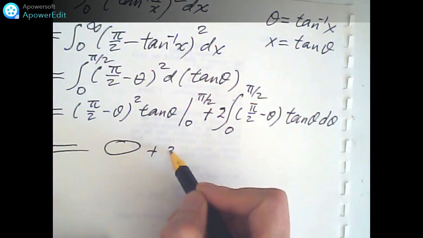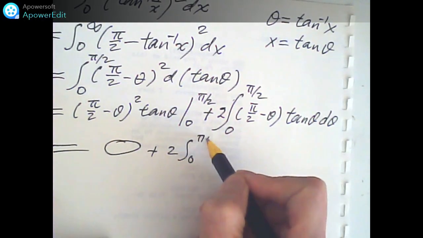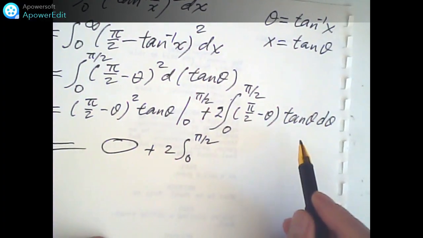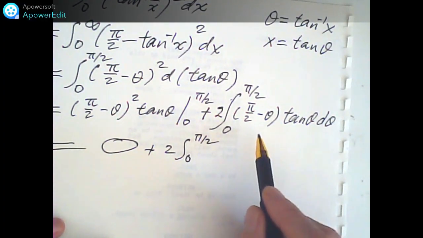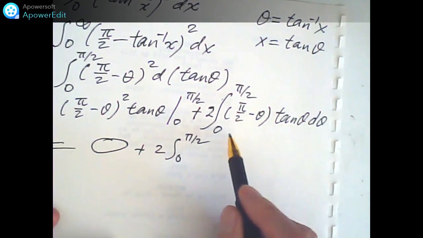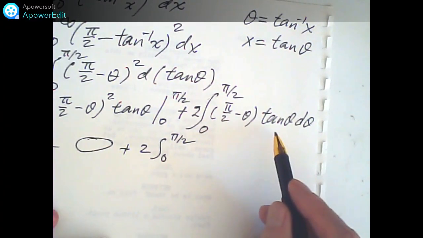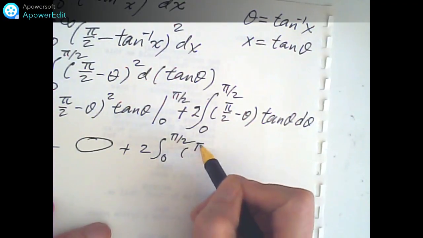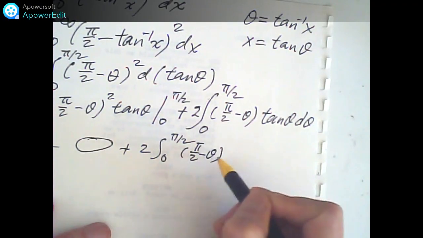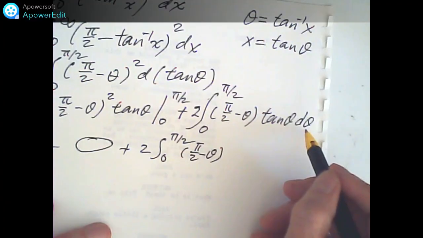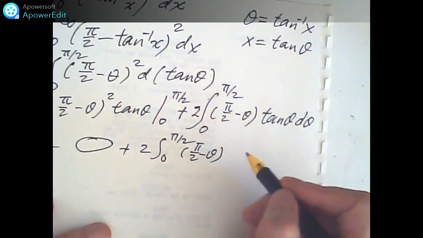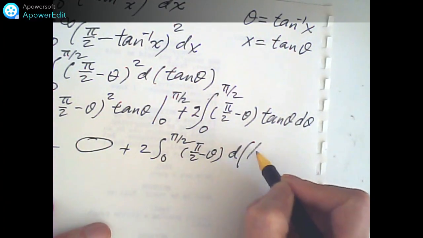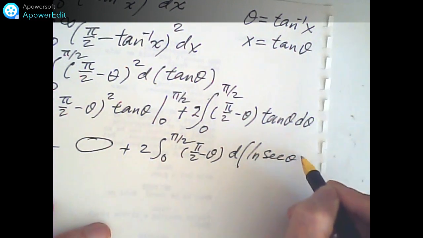And plus 2 times the integral, and for that one I want to create the condition for integration by parts. This is half pi minus theta, tangent theta d theta, which is d log secant theta, isn't it?